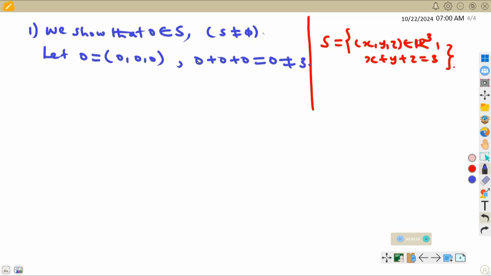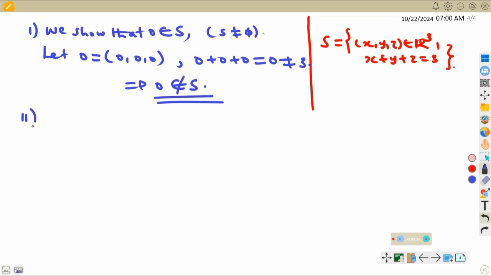But we realize that 0 plus 0 plus 0 gives 0, which is not equal to 3. So we clearly say that this 0 is not an element of S. Because if 0 is an element of S, we would get 0 plus 0 plus 0 equaling 3, which is not satisfied. So the zero vector is not an element of S.